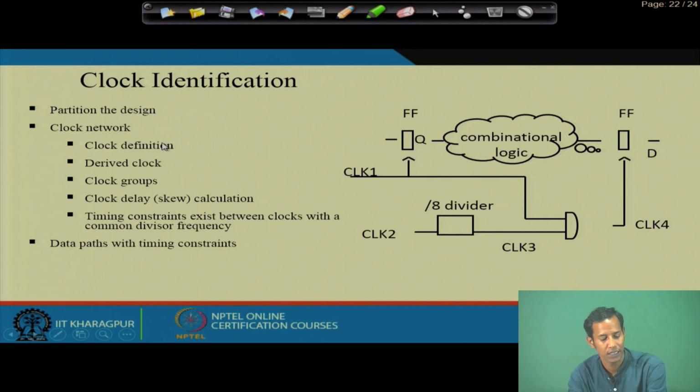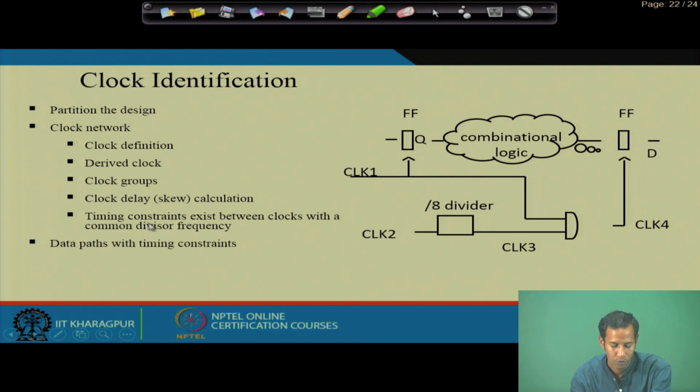In the clock network analysis of any digital IC, this is much more important. Whenever we do clock network analysis, we have to define the clock first, then we can generate the derived clock. That means if one clock is derived from another clock, then we can create the clock groups, and we have to calculate the amount of clock network delay, which is nothing but the skew.